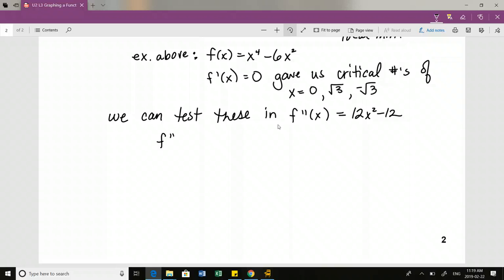So I would just sub in 0, root 3, and negative root 3 separately. I'm not necessarily interested in the number, but in whether it's negative, positive, or 0. If I test 0 in here, we get negative 12. Because that's less than 0, it tells us we have a concave down area where that particular x is, right? Negative means concave down. So is my point a local max or a local min if that area is concave down? It's a local max. So we have a local max when x equals 0.